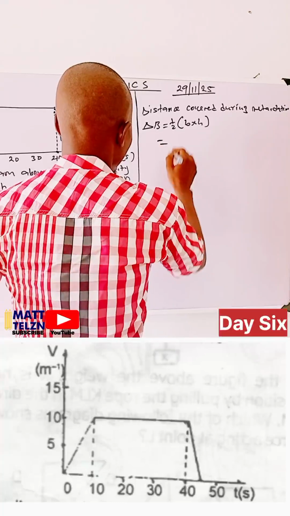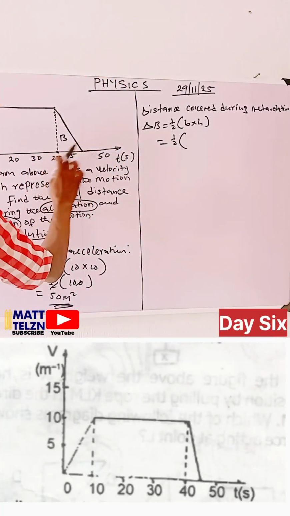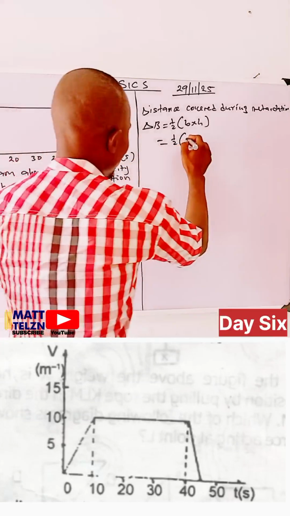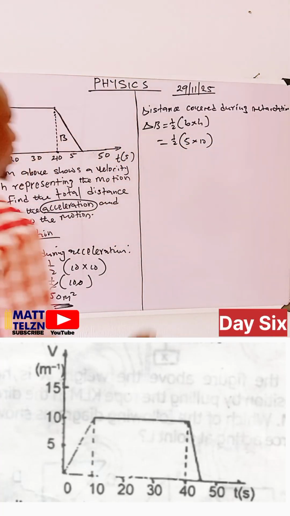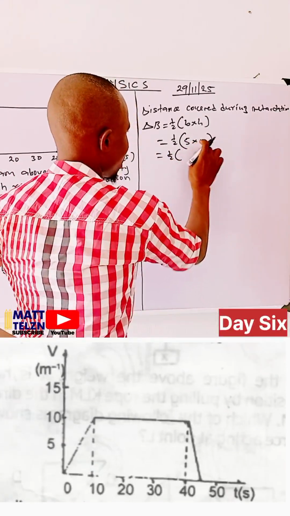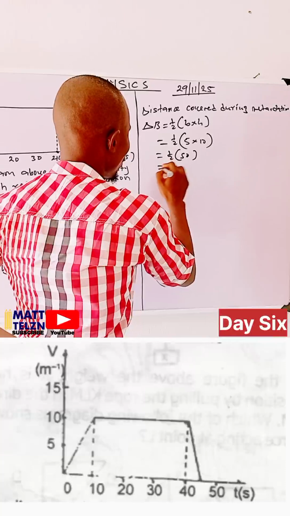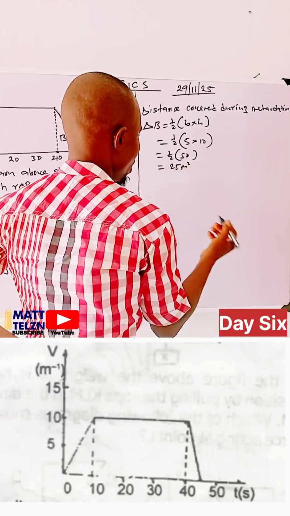Good. So what I have here, the base is what? Half of this, which is 5, times 10, which is my height, the same height, right? So what I have is 5 times 10 will give me 50. So area is going to be 25 meter square, right?